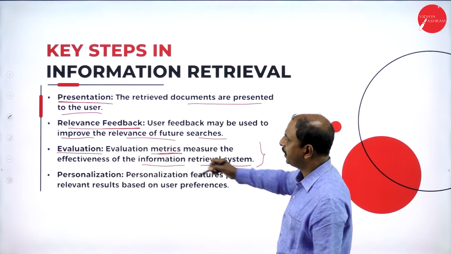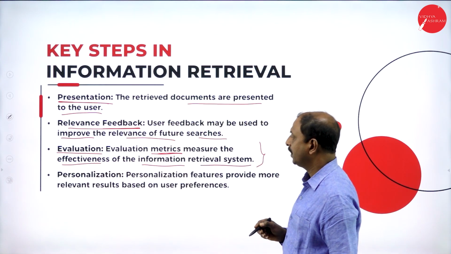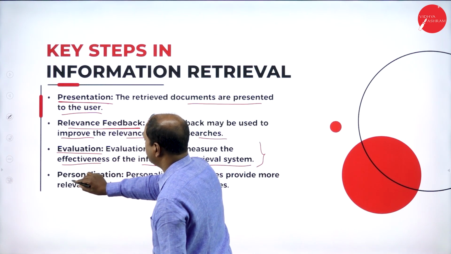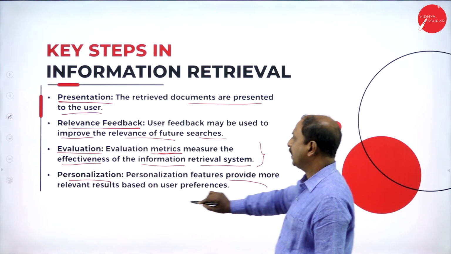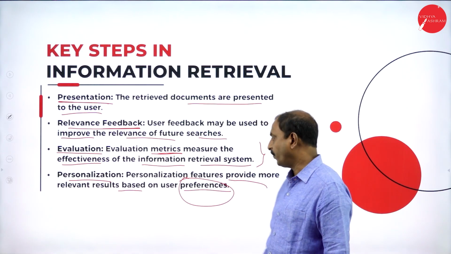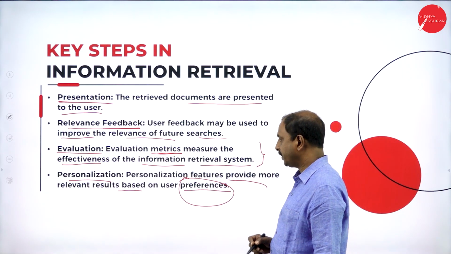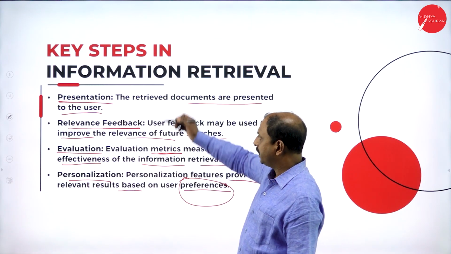Based on that, they can improve the system and have a very effective system. Next one is personalization. It provides more relevant results based on the user preference. It's going to provide the exact information the user is looking for through this IR system.